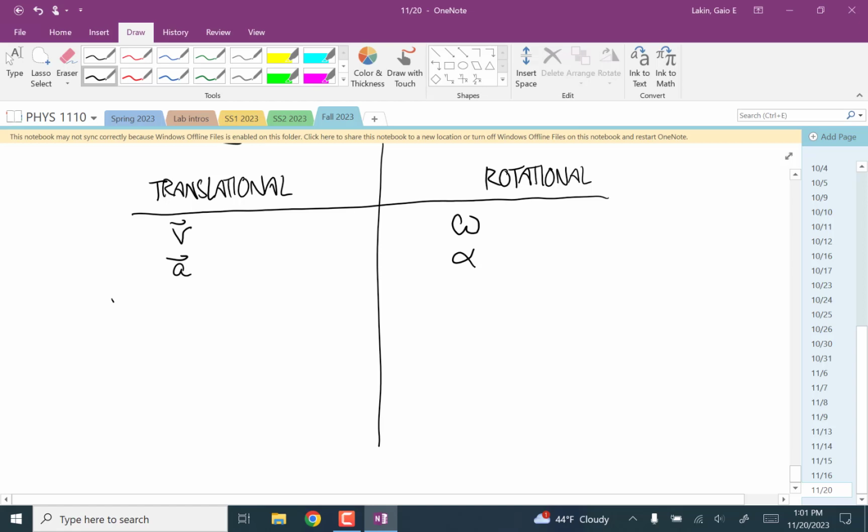For translational, v and a in the same direction mean the object is speeding up, and v and a in opposite directions mean that the object is slowing down.